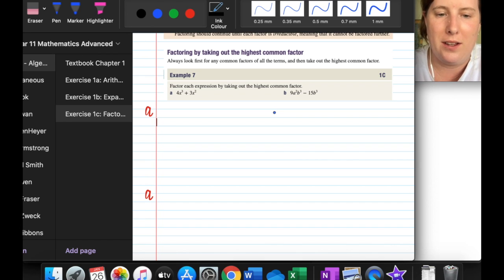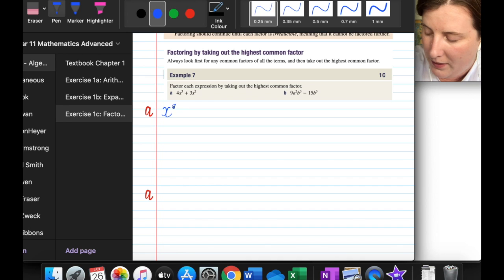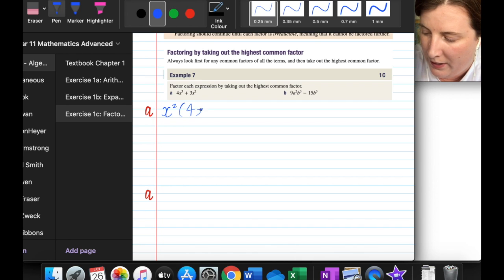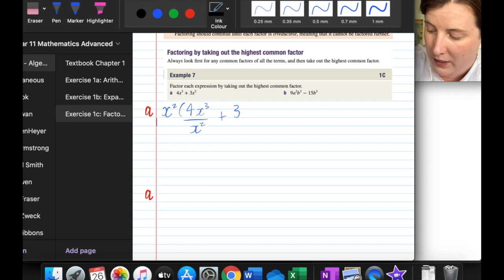That's annoying. I've already told you, x squared is the biggest thing that goes into both. There's no numbers that go into both 4 and 3. X squared. So we've got 4x cubed. We need to take x squared out of it. Now, you could write this step of working out, or 4x cubed over x squared. You don't need to. 3x squared over x squared.